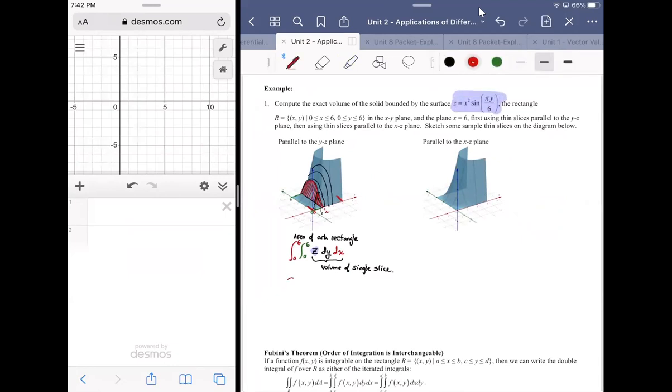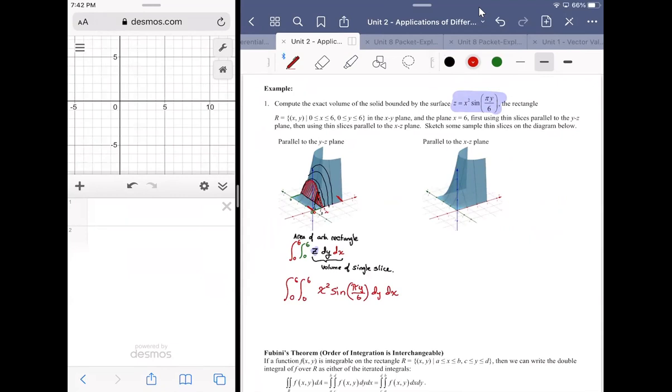So we're looking at from 0 to 6, another 0 to 6, x squared sine of pi y over 6 dy dx. All right. So then I'd just be looking to integrate that, and I'd have my volume over the interval.